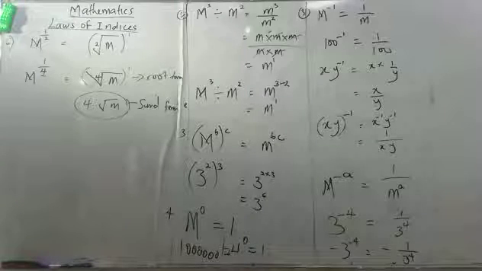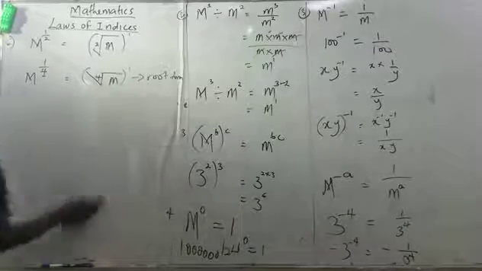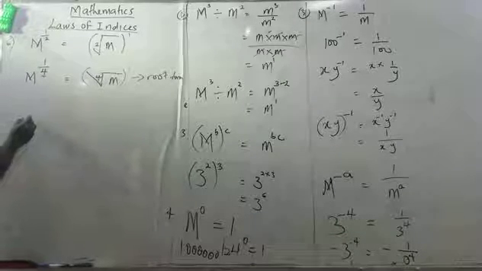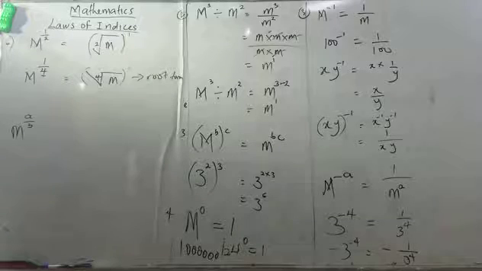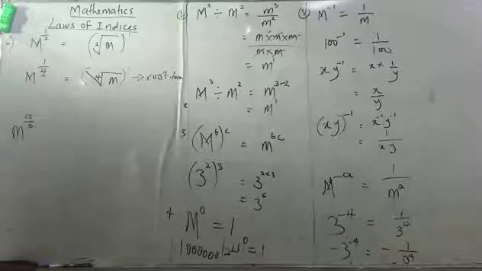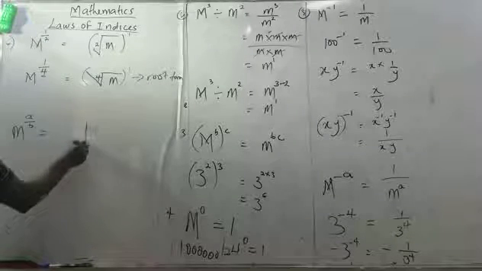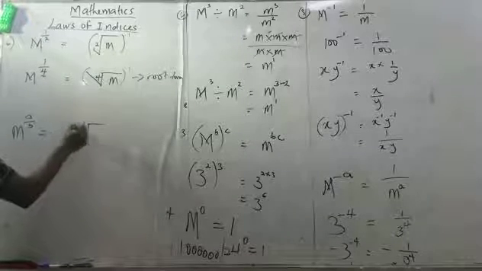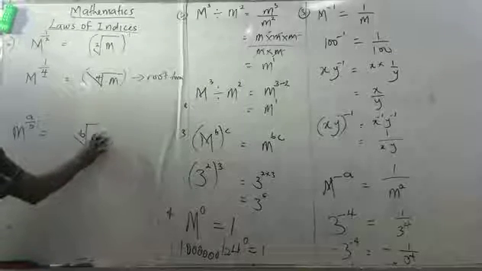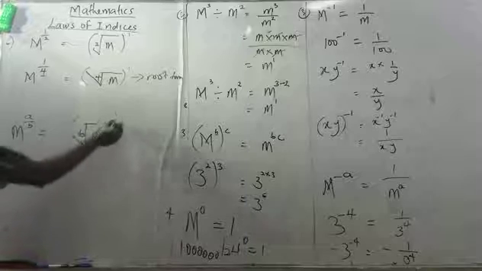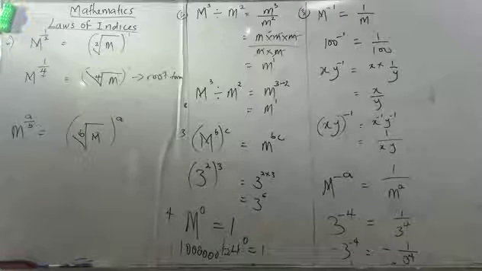Before I end this chapter, for instance, when I have m raised to power a all over b, where the numerator and denominator this time around is not 1, what you just need to do is have the bth root of m bracket of a.